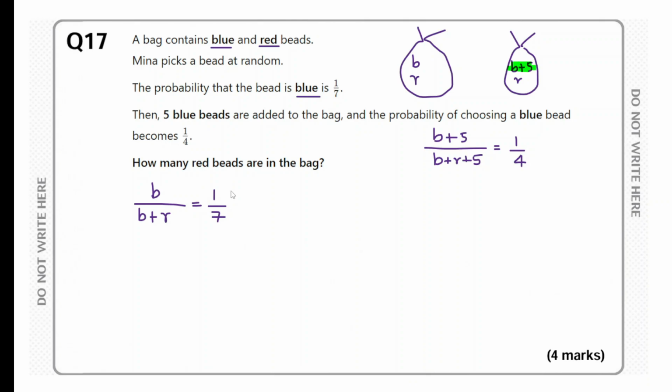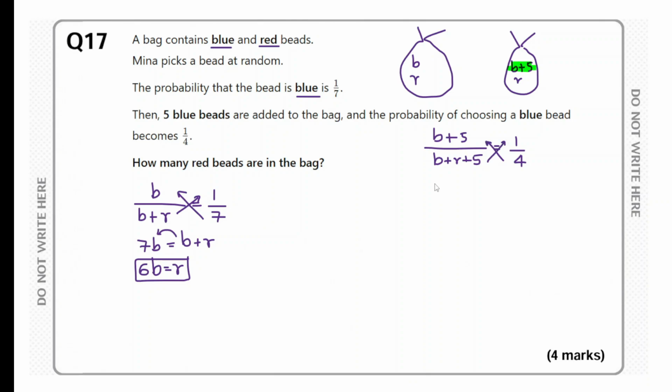Okay, so let's cross multiply these two. So I get 7B is equal to 1 times B plus R, which is just B plus R. Now I can move the B to this side. I get 6B is equal to R. Let's cross multiply these two as well.